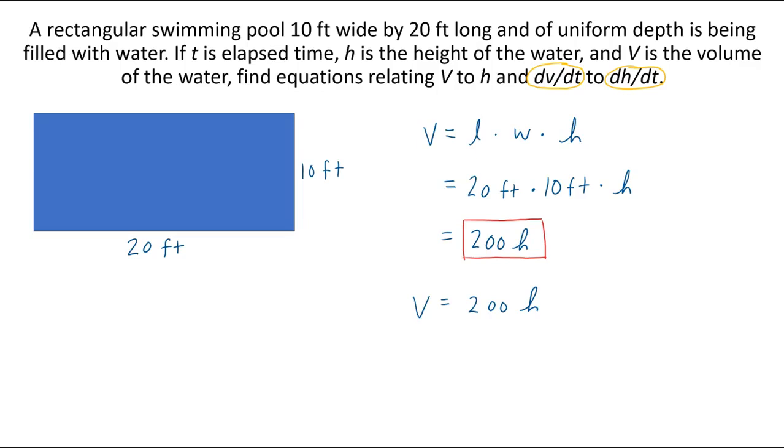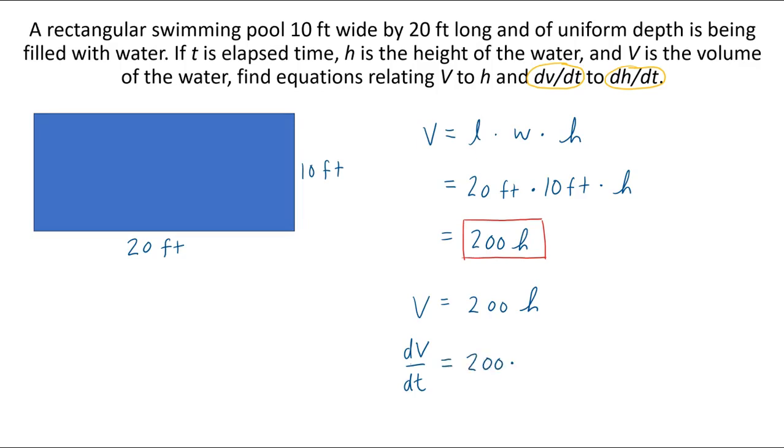So now we just differentiate that equation with respect to time. But because we're differentiating with respect to t, and our variables are V and H, we will have to use implicit differentiation to do this. Differentiating the left side of the equation, V, with respect to time, gives us dV over dt.